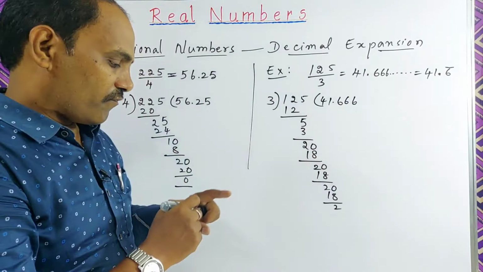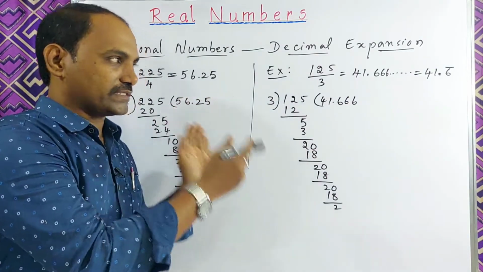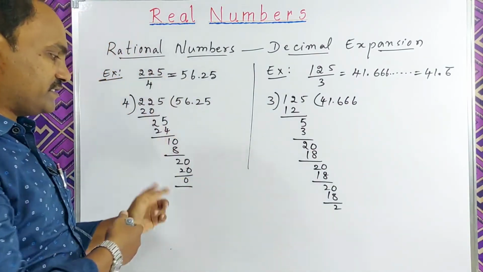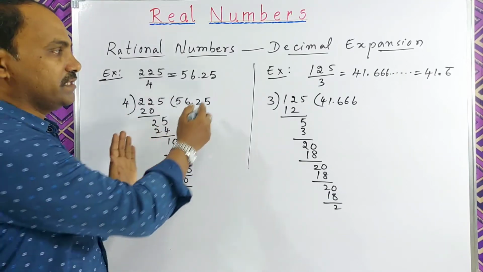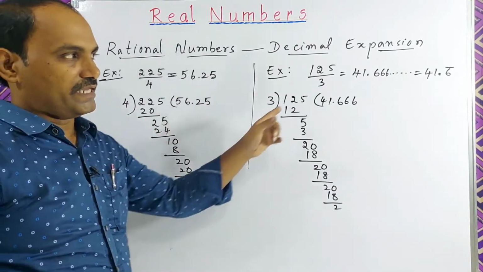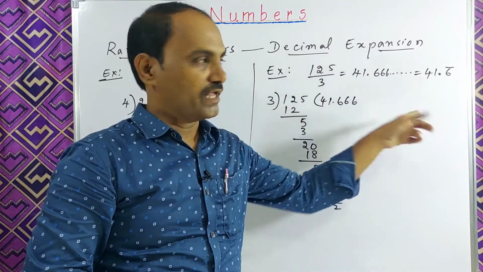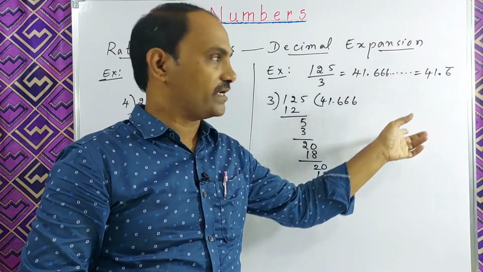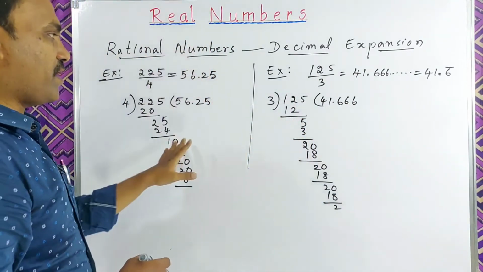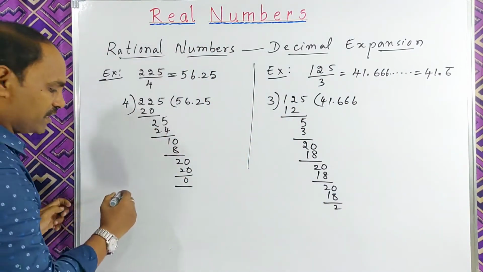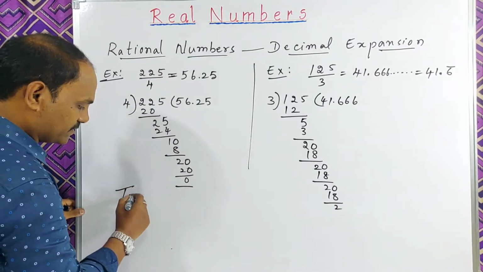Now why did we discuss two examples? In the first one, the remainder is 0, which means the decimal terminates at the last digit. But here it never ends; repeated decimals come. So this type of fraction is called terminating decimals.